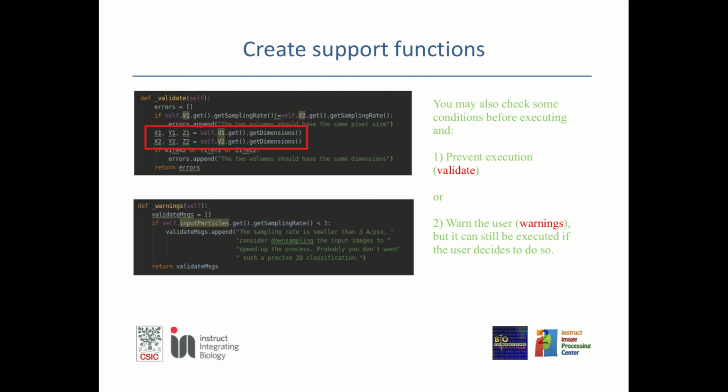You can do it, but it is not so convenient. So you give a warning. In the validation, the protocol is stopped, so it doesn't launch. In the warnings, the user is given a window where he or she sees the warning message, and then he or she can decide whether to proceed with the protocol or not.